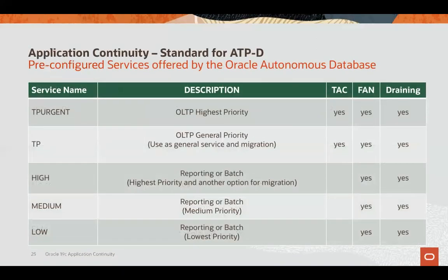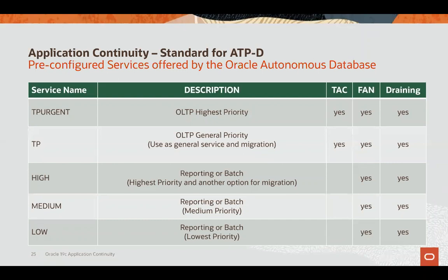And here we have the comparison of the configuration available on Oracle Autonomous Transaction Processing, on Autonomous Database, on Oracle Cloud Infrastructure. You can see that TP Urgent and TP are both using transparent application continuity.